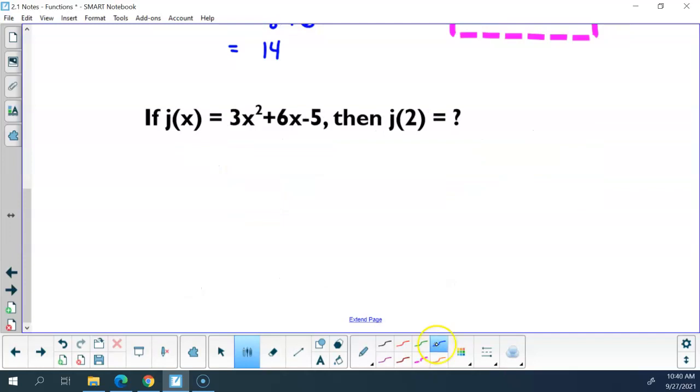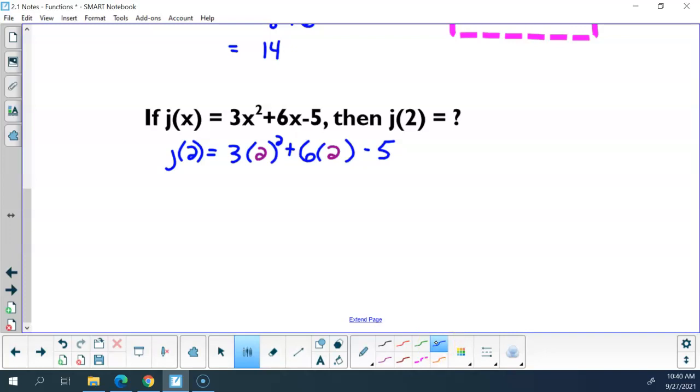J of 2. 2 squared is 4. That's how you do it? Yep. Because the squared is only controlling the 2.